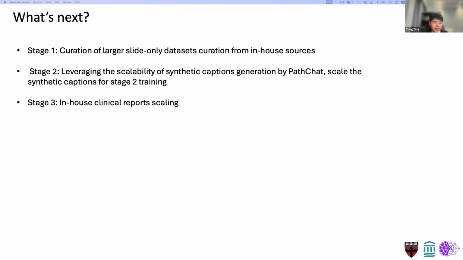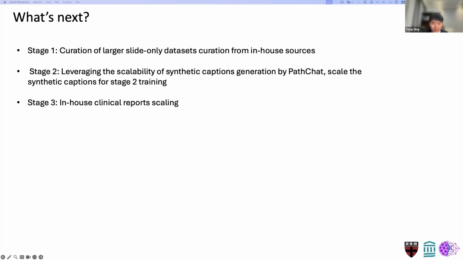And second, we want to leverage the scalability of synthetic caption generation using PathChat to further scale our synthetic caption datasets for our stage 2 training. And furthermore, we will collect more paired clinical reports for our third stage training.